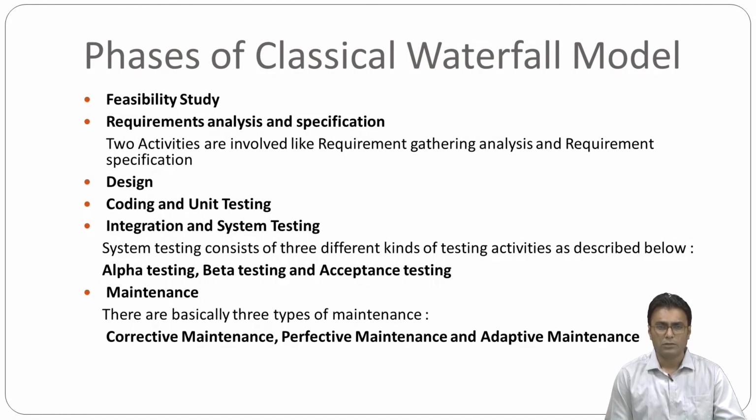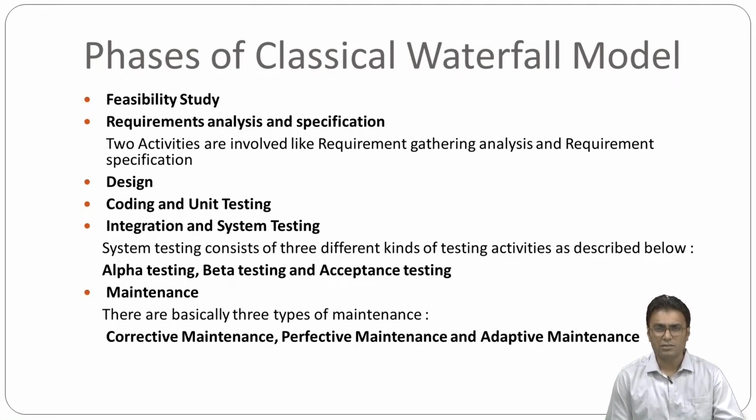During each integration step, previously planned modules are added to the partially integrated system and the resultant system is tested. Finally, after all the modules have been successfully integrated and tested, the full working system is obtained and system testing is carried out on it.